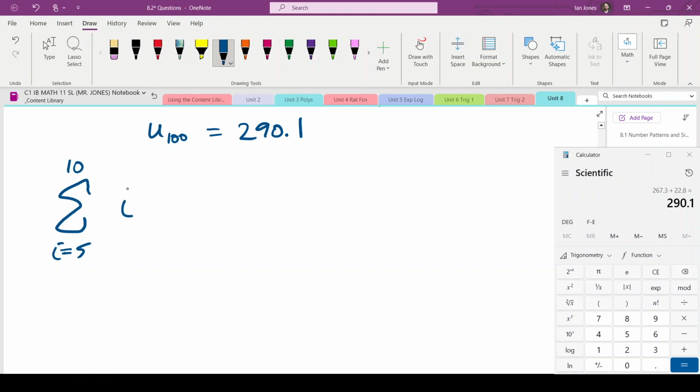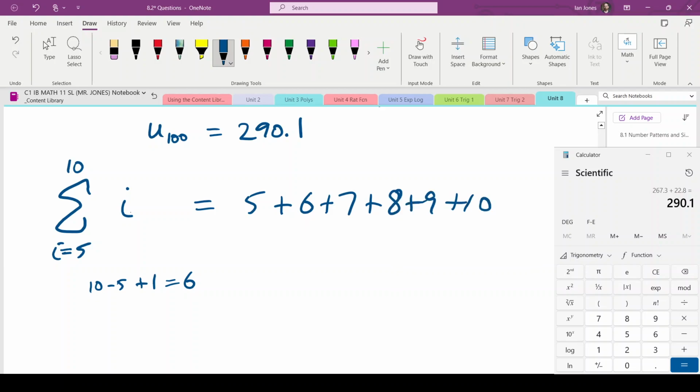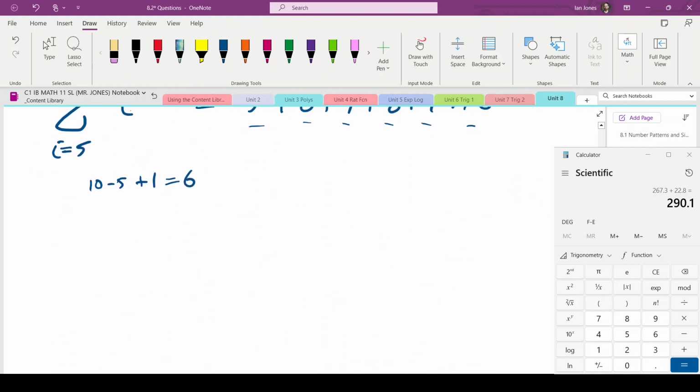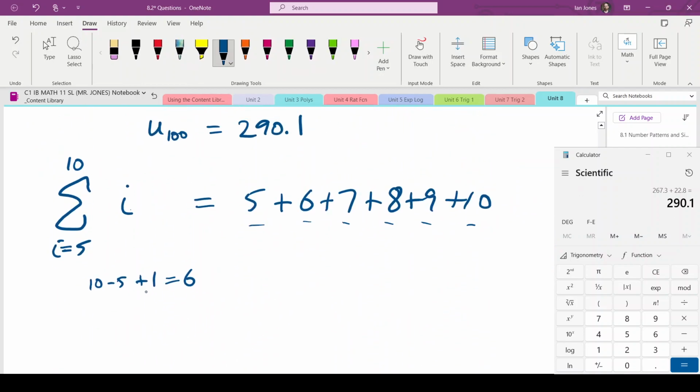Okay, so if I have just that, let's say, I'm going to have 6 terms. Here, I have 10 minus 5 plus 1 equals 6 terms. And you can see them by evaluating. This would be 5, then increase to 6, 7, 8, 9, 10 is where we stop. And we have 1, 2, 3, 4, 5, 6 terms. Okay. So the number of jumps, you just subtract the 2 positions. The number of terms here, where you include both endpoints, you have to add that 1.